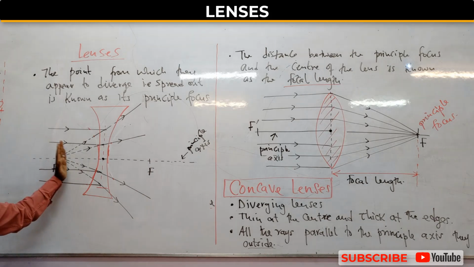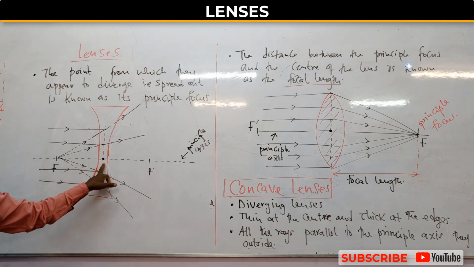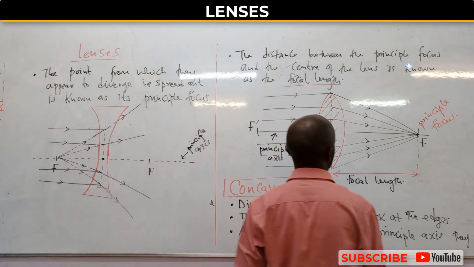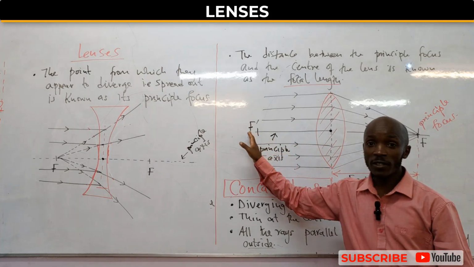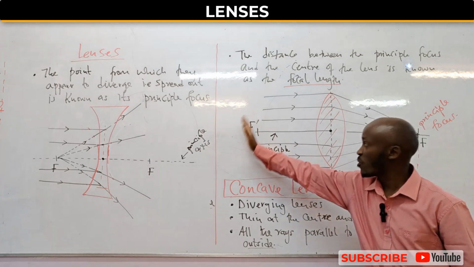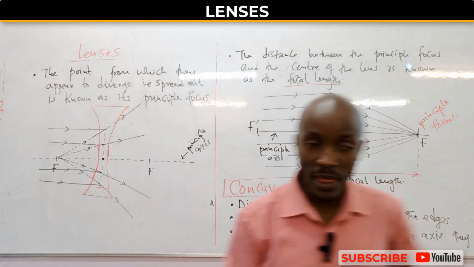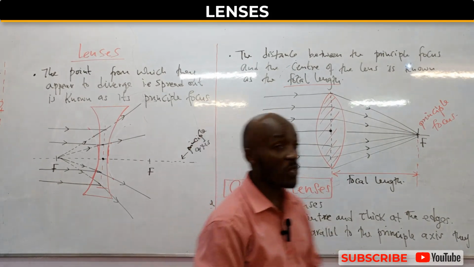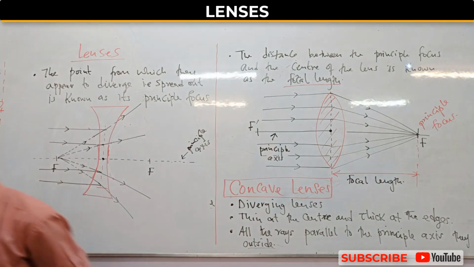If it's at the focal point, or between the center of the lens and the principal focus, we'll have different properties. And that also causes a convex lens to behave like a magnifying glass. We'll see that property and how that happens.